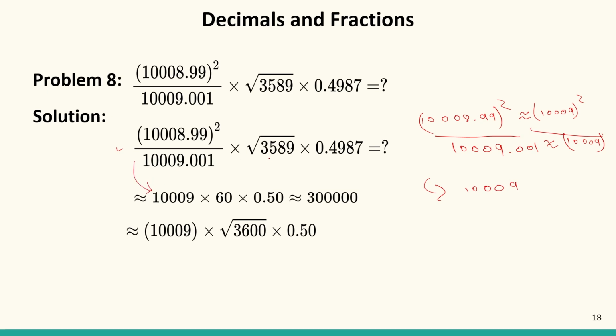The square root of 3589 is approximately equal to 60, since we know that 60 square is 3600. There is only a difference of 11 there, so we can approximate this as 60. What we are left with is 10009 into 60. We need to further multiply this with this number, which is approximately equal to 0.50.